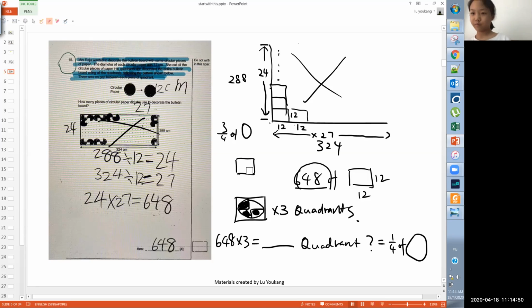One square, you need to put 3 quadrants, right? So total is, help me out, 648 times 3.